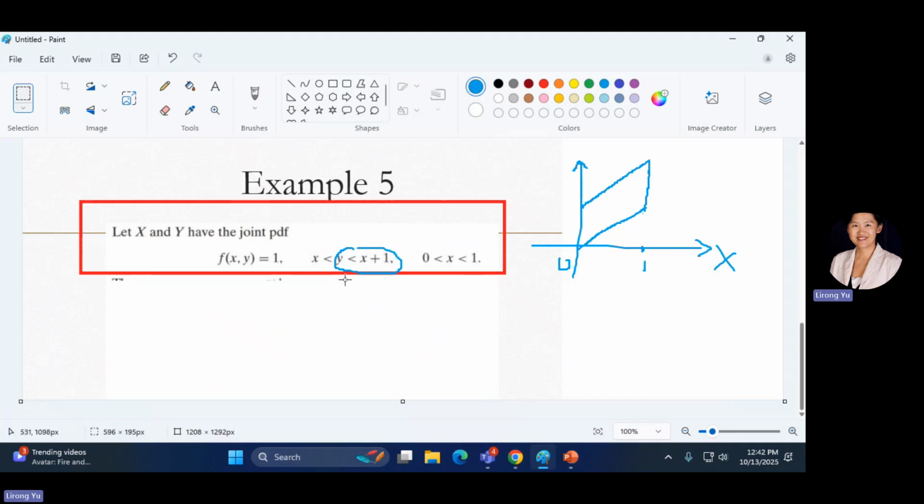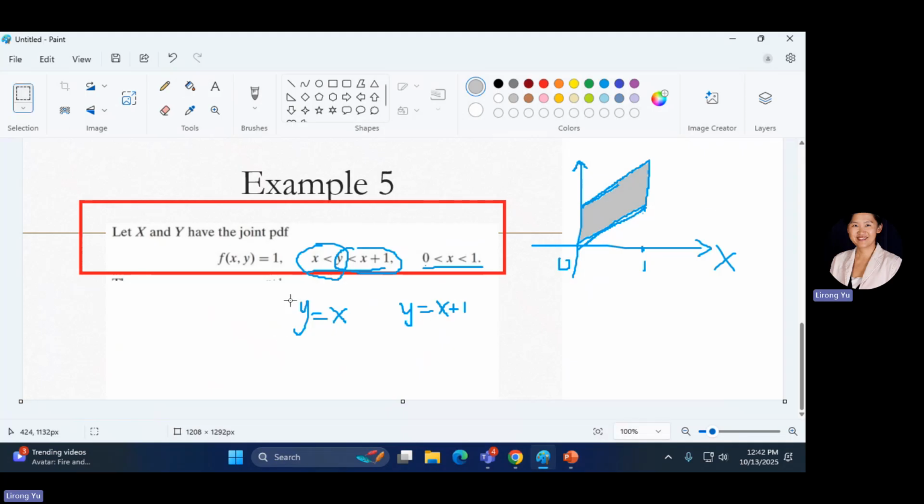So in this example, x is between 0 and 1. However, y's lower boundary is x, so y equal to x is this line, right? And then y equal to x plus 1 is this line. They're parallel, right? So the integration region is right between these two. That's how it looks.